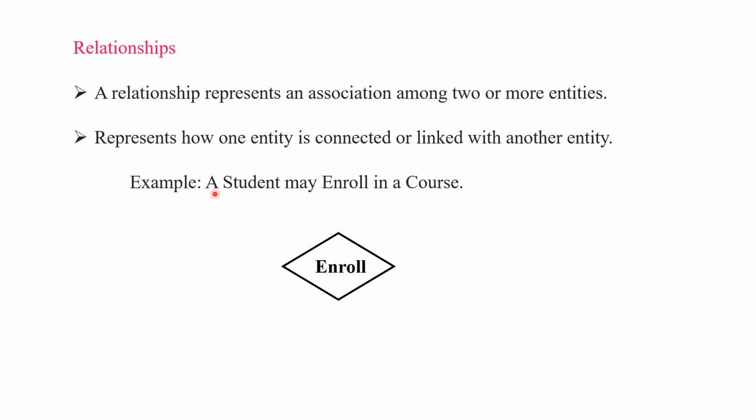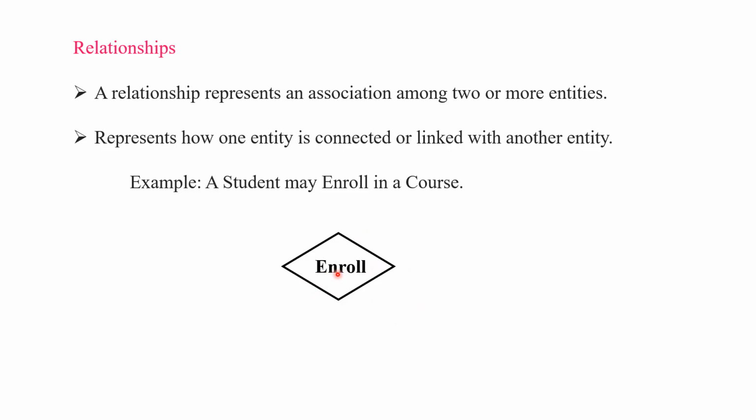So here a student may enroll in a course. The course is another entity or another table. Student is one table and course is another table. So there is a relationship between the student table and the course table. It will be represented with the diamond symbol, and here the student will enroll.